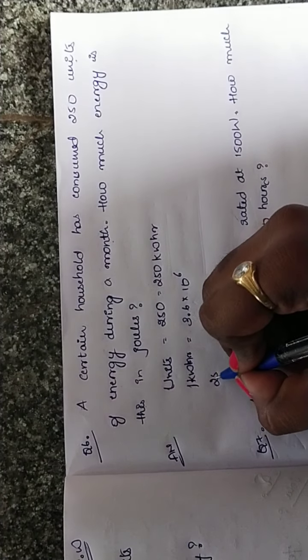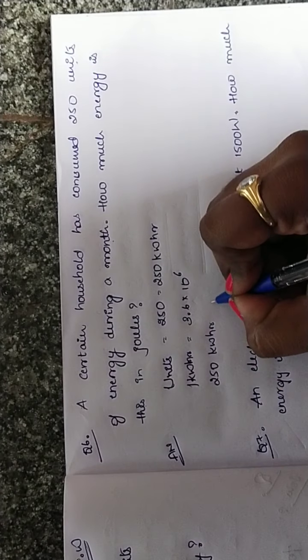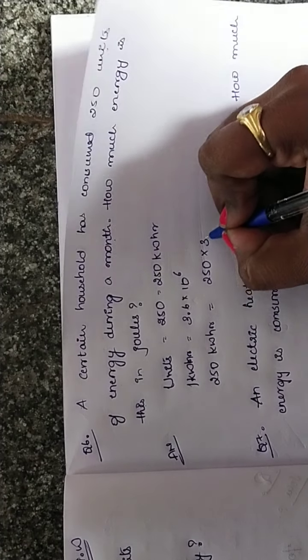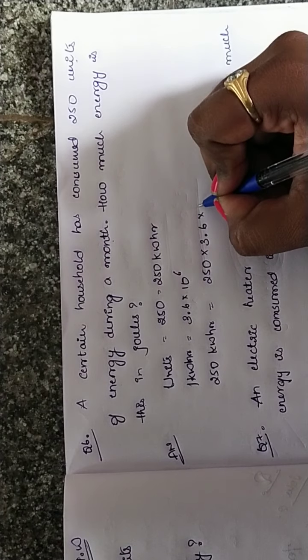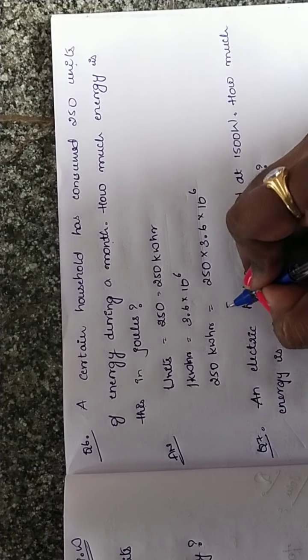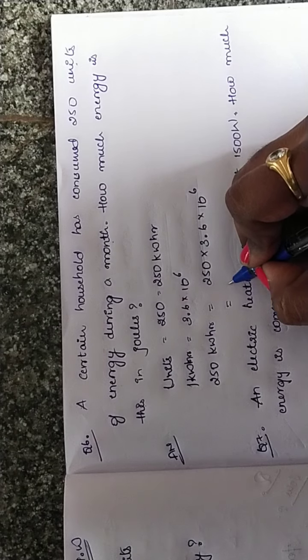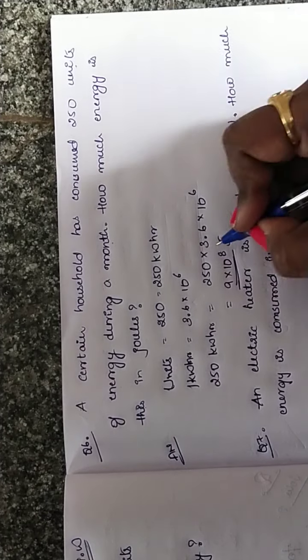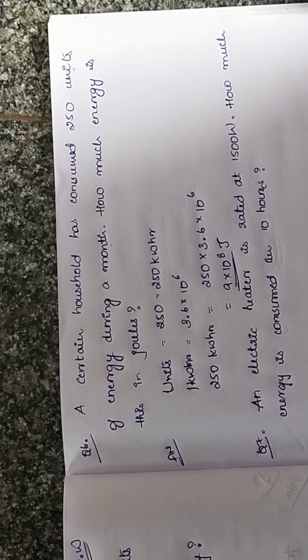So 250 kilowatt hour is equal to 250 into 3.6 into 10 to the power of 6. When we calculate all this, we get the answer, that is 9 into 10 to the power of 8 joules. So this is the answer we have got.